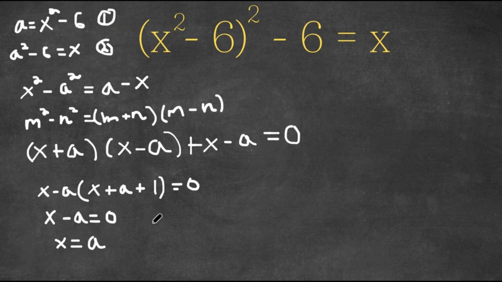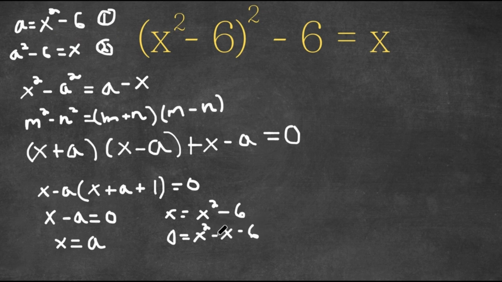And if x is equal to x squared minus 6, because remember, a is equal to x squared minus 6 and x equals a, that means x equals x squared minus 6. And if we subtract x on both sides, we get 0 is equal to x squared minus x minus 6.